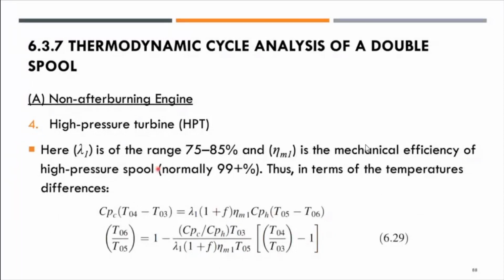For the high pressure turbine, the lambda 1 range is around 75 to 85%. And the mechanical efficiency zeta M1 for the high pressure spool is normally 99 plus percent, nearly 100%. So in terms of temperature difference, you can then get the expression of T06 over T05.